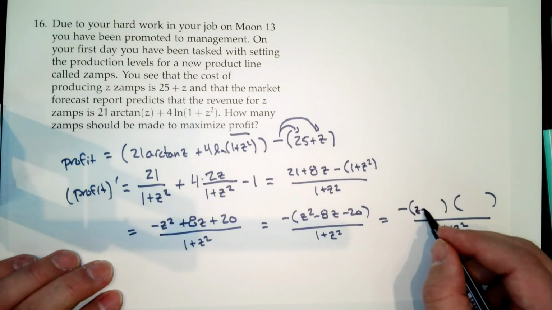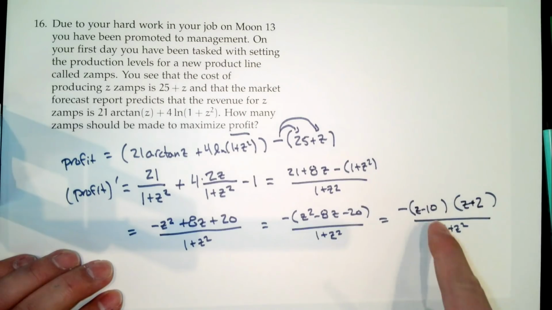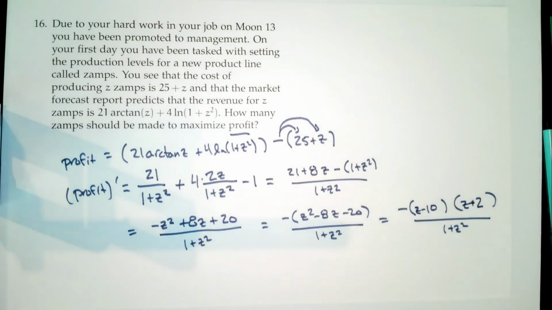Z minus 10 and Z plus 2. You can always check. If you just plug 10 in, minus 100 plus 80 plus 20 is in fact 0. So again, you should always look for factoring. If something's not factoring, either you need to look harder or you've made a mistake.